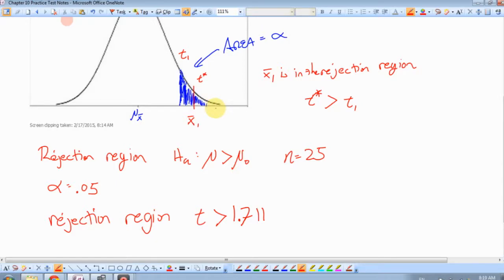If the area is less than 0.05, then the p-value is less than 0.05. It's another way of looking at how we reject the null hypothesis.